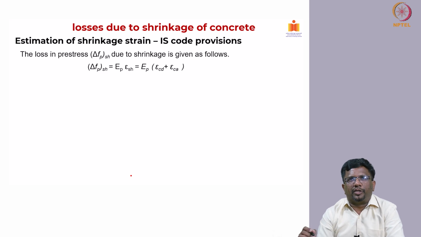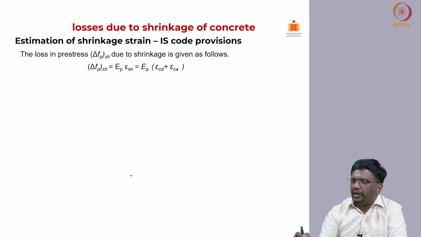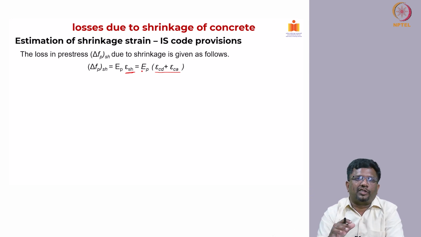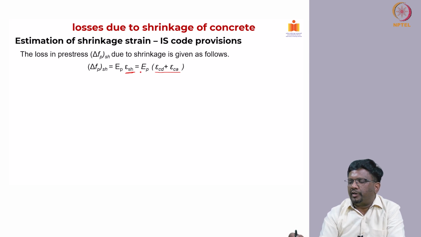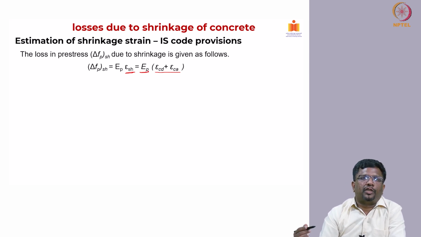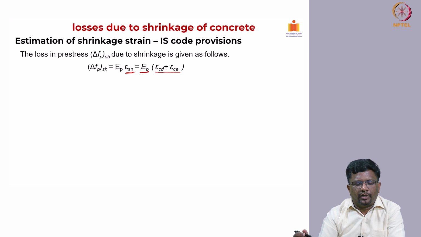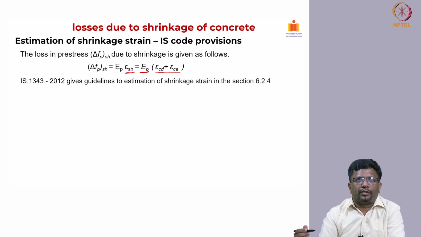Now, how do we estimate that? The code is again saying that epsilon SH is nothing but epsilon CD plus epsilon CA. That is the total amount of stretching in the pre-stressing steel that is getting lost. That strain multiplied by the elastic modulus of pre-stressing steel gives me how much loss is happening because of the shrinkage in concrete.